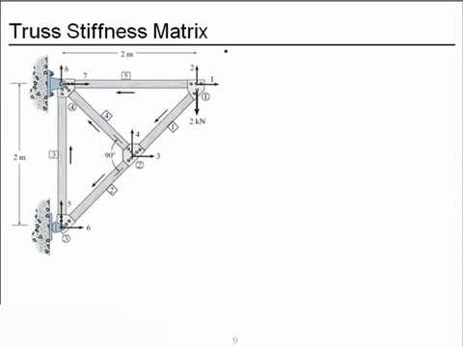And now step 2. Let's assemble the structure stiffness matrix. The structure stiffness matrix we will denote by capital K, and it equals the summation of the member stiffness for each of the members of the structure.